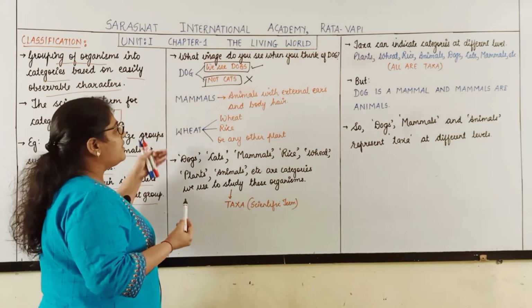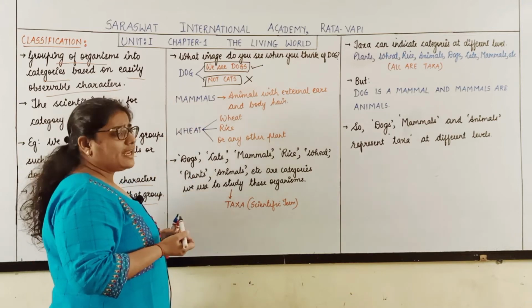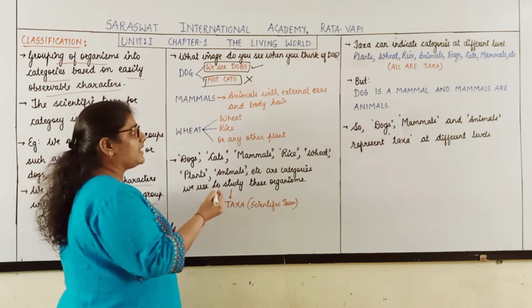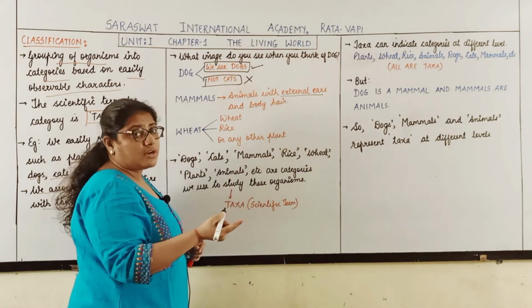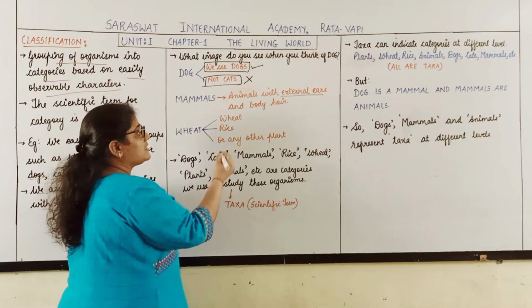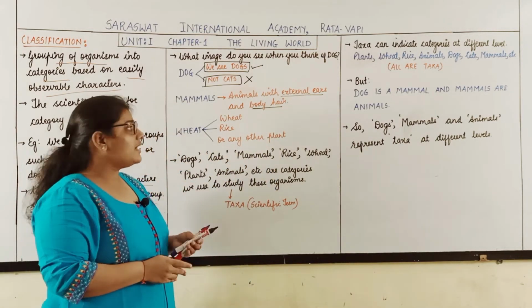In the same way, if I ask you to imagine a mammal, what characters do you associate with it? Say for example, you will associate that the organism has external ears and its body is covered by hair.